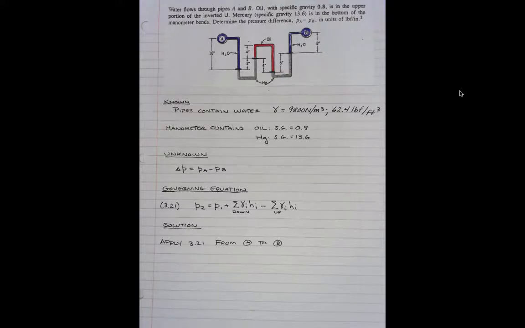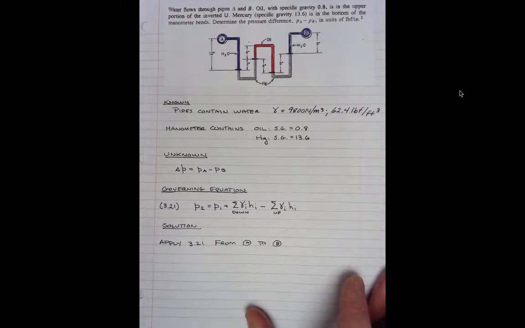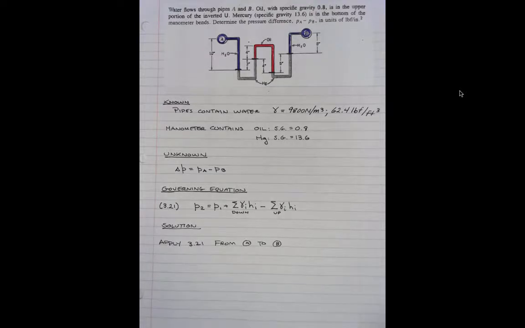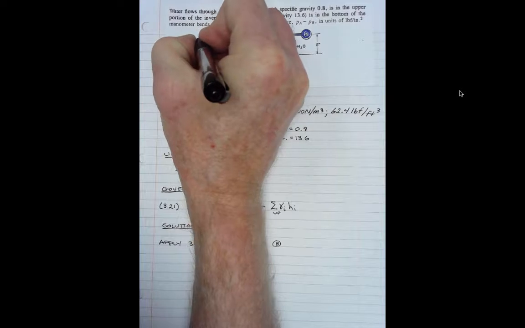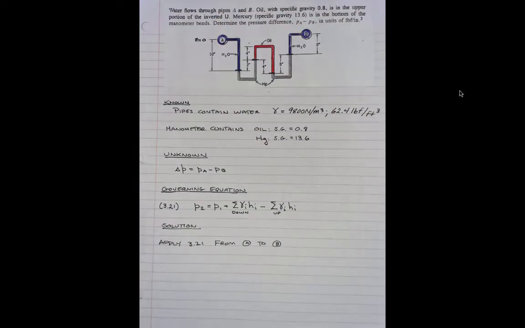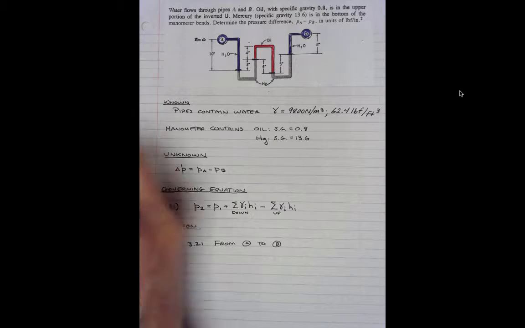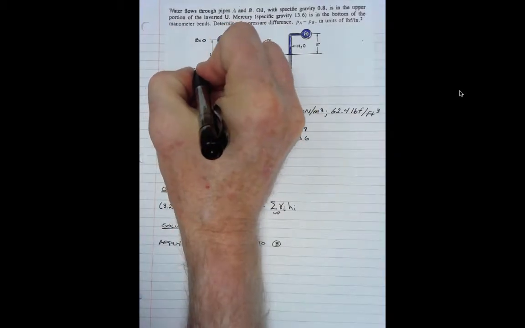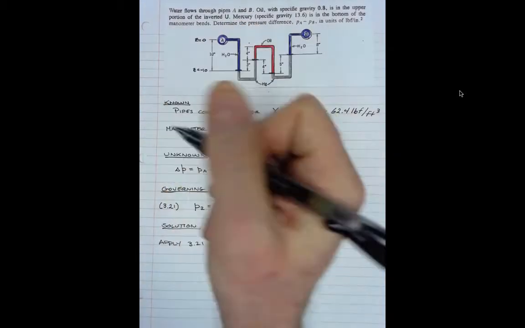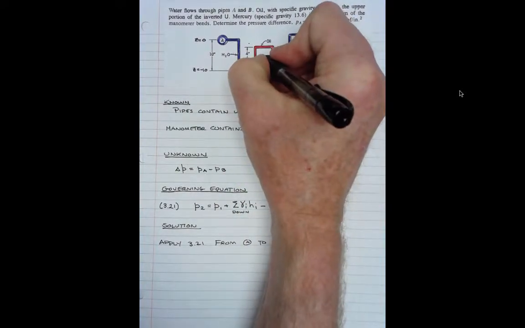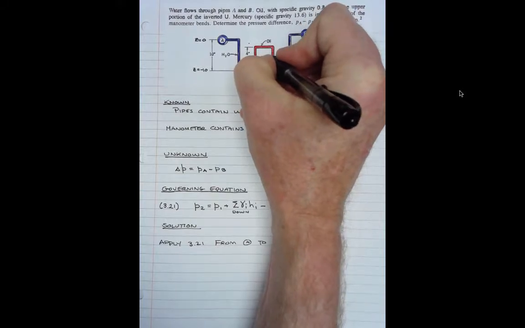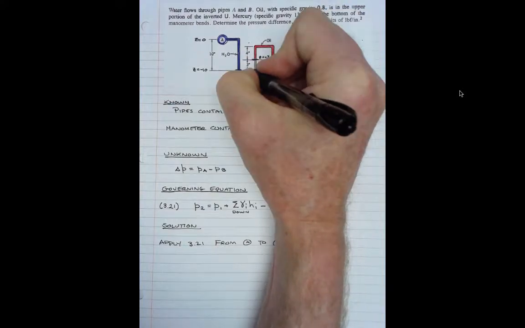Okay, so I'm going to make some declarations. I'm going to declare this as z equals 0. I'm just picking a datum. That would mean that this location is z equals minus 10 inches. This would have to be z equals minus 7 because we moved 3 inches up.